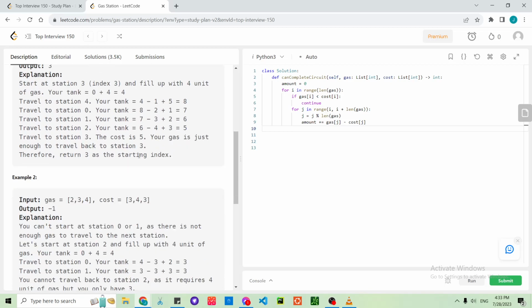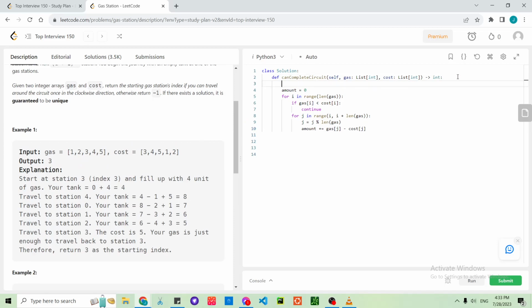Yeah. So in Python, can't we just do sum? That must be a function. It's okay. Can I just do sum of gas is smaller than sum of cost, then we just return -1.